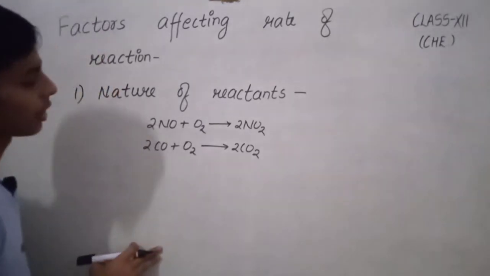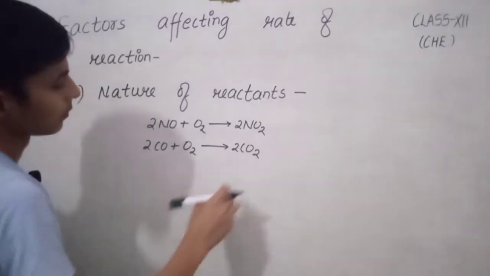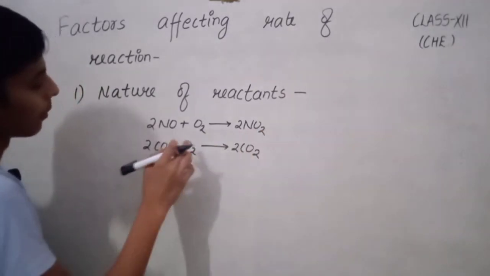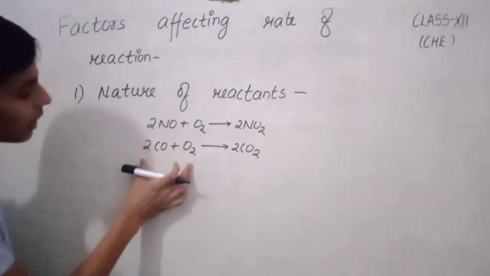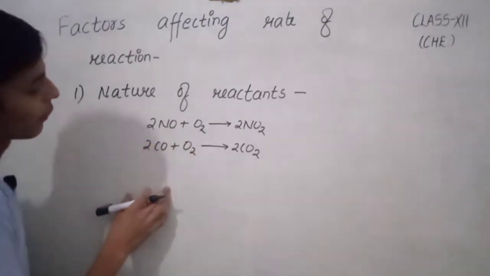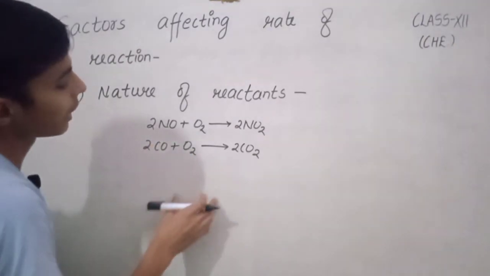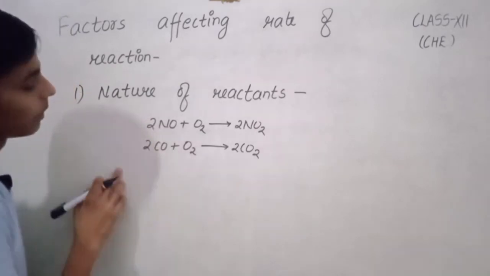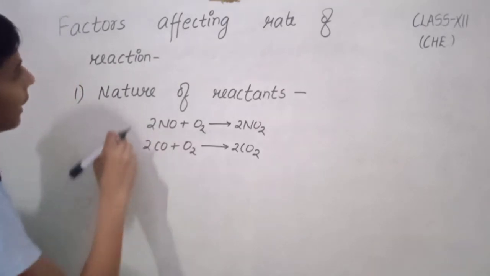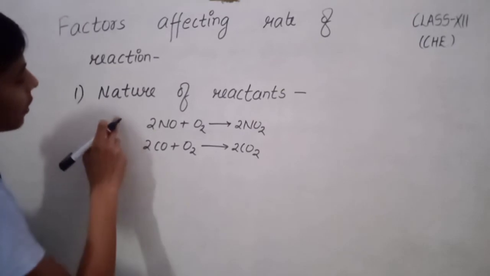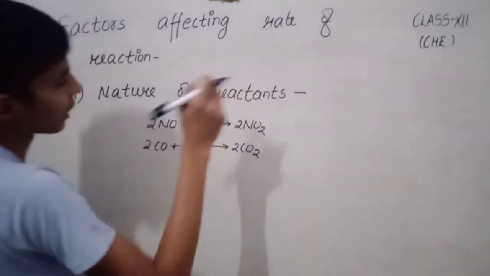Just comment in the comment section. No, the answer is no, because here the reactants are different. So the bond dissociation enthalpy for both of the reactions will be different. So we can say that the rate of reaction depends on nature of reactant.